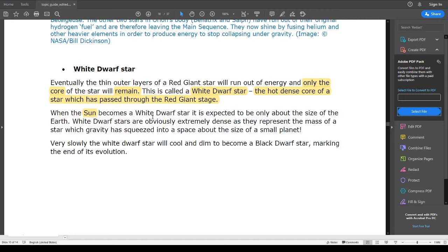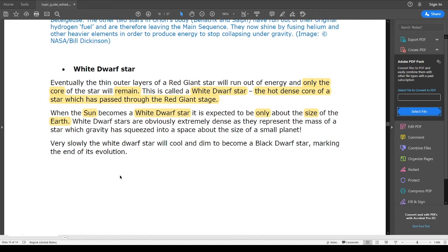So the sun is huge compared to the Earth. Correct? Now, when the sun becomes a white dwarf star, it is expected to be only about the size of the Earth. Just think of how crazy this is. The sun, this huge sun, the size of the Earth.